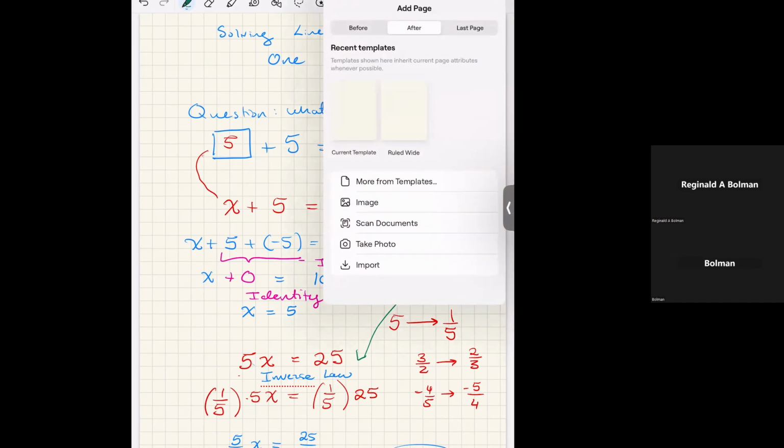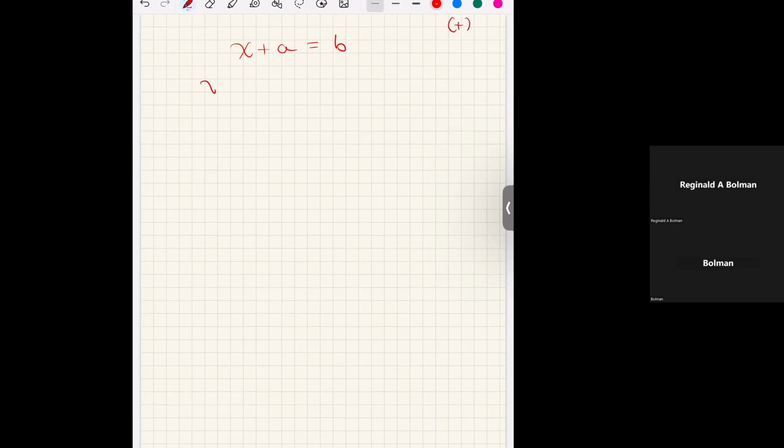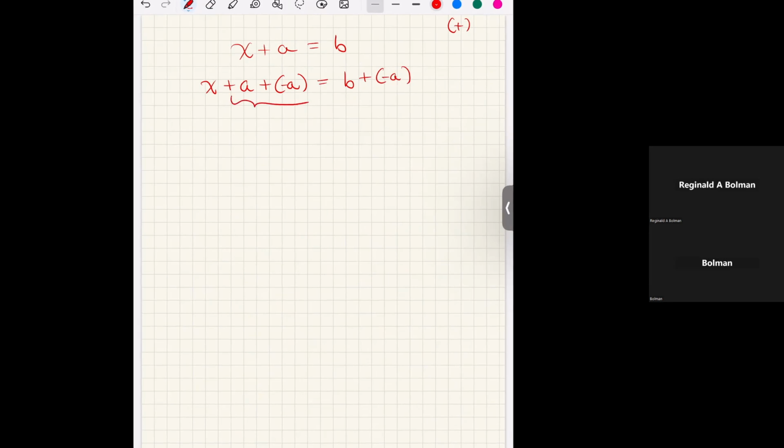In general, a one-step LEOV under addition will look like the following. You'll have x plus some number is equal to something else. And under the addition case, you're going to use the additive inverse of whatever number is being added with your x. And you're going to use the additive inverse on both sides. Then what happens is your numbers will add together to be 0 on the left-hand side.